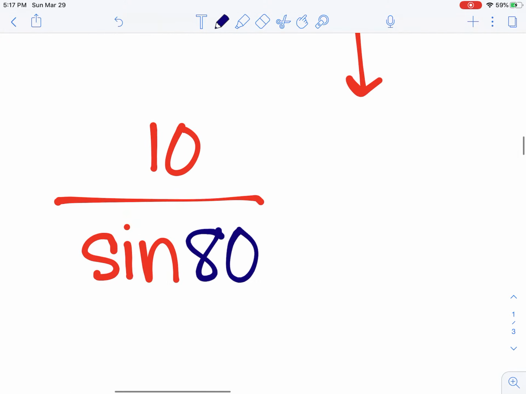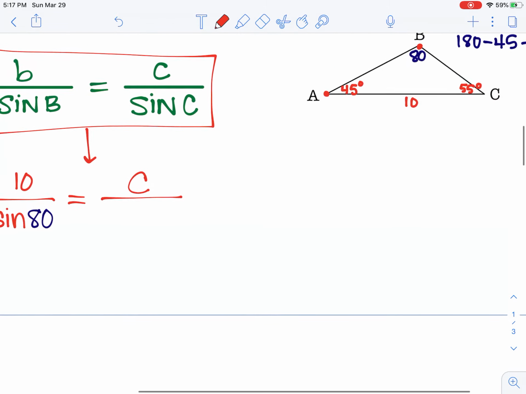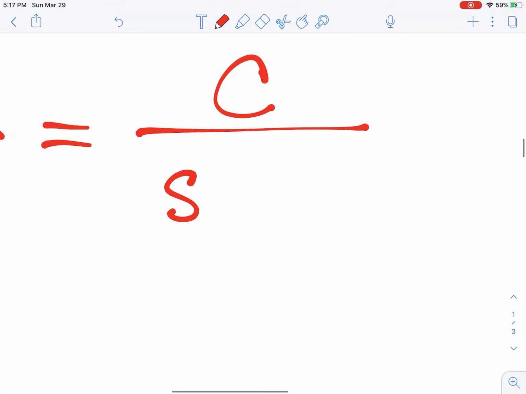So that's going to go here. We're trying to find little c. And then we have sine of 55.